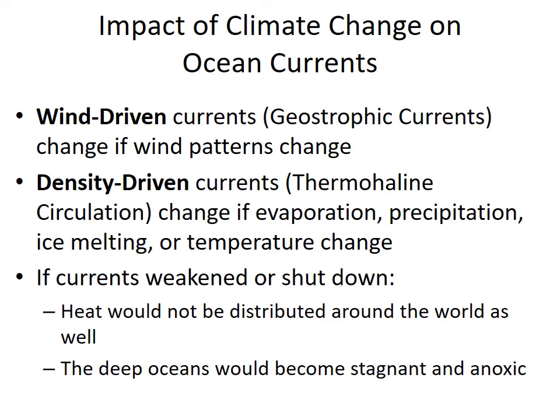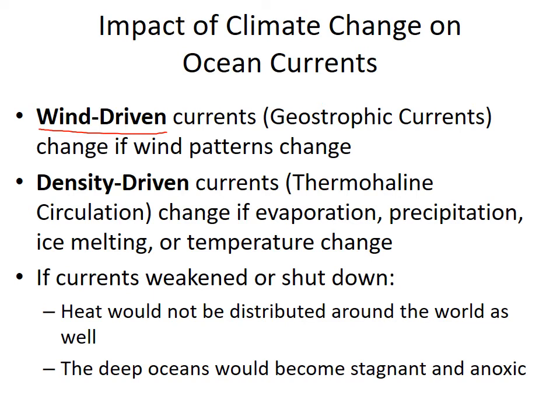So one of the biggest and most globally influential effects of climate change on the ocean, potentially, will be the changes in ocean current patterns. There are two main types of ocean currents. There are wind-driven currents, which are also known as geostrophic currents, and they're driven by the global wind patterns, like the trade winds in the low latitudes, the westerlies in the mid latitudes, and the easterlies in the polar latitudes.